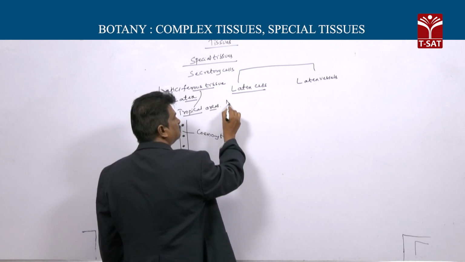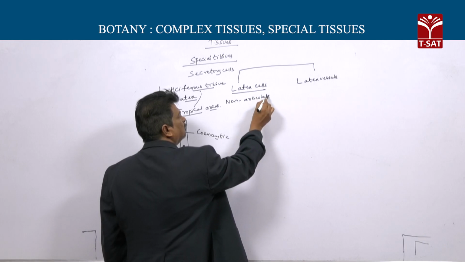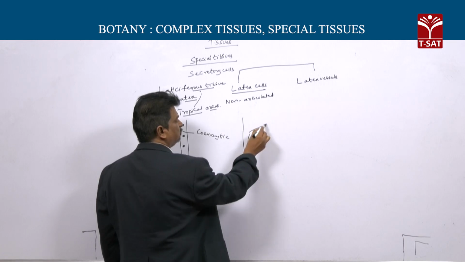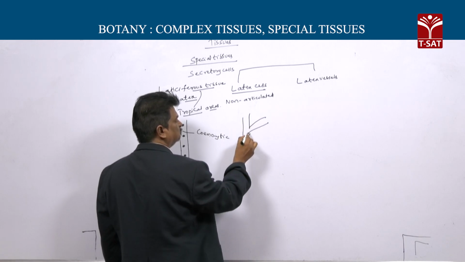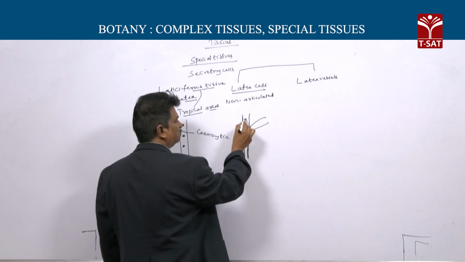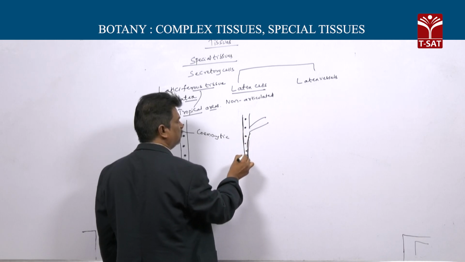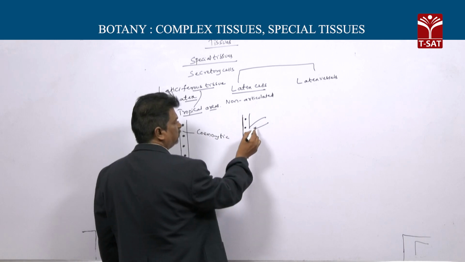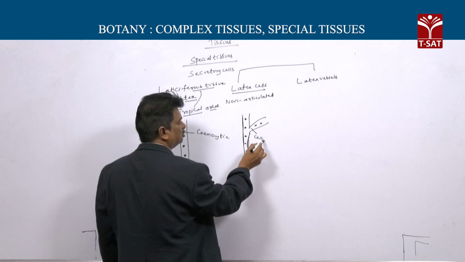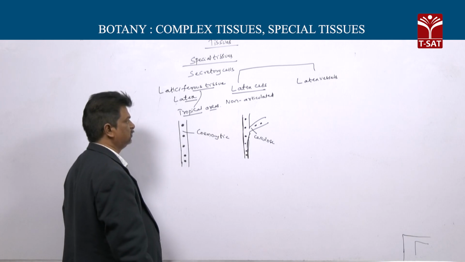Latex cells are called non-articulated, and these latex cells may be branched or unbranched, but the cytoplasm contains many nuclei, multinucleated. Then the cells are living cells, and the cell wall is made up of cellulose.